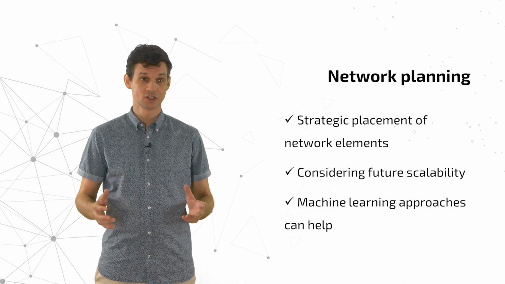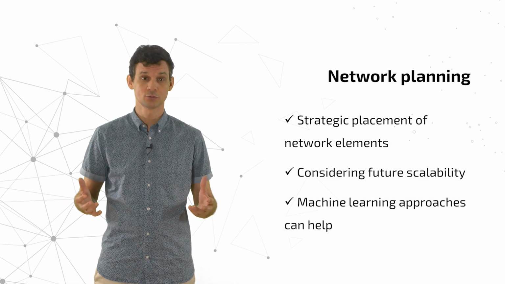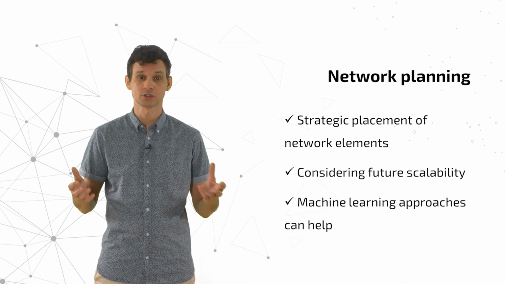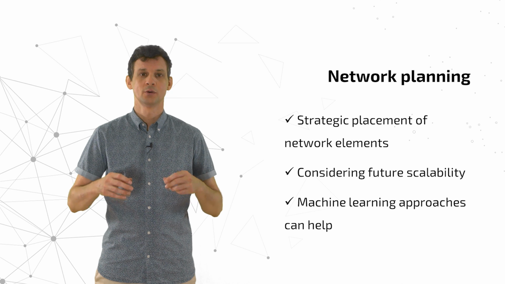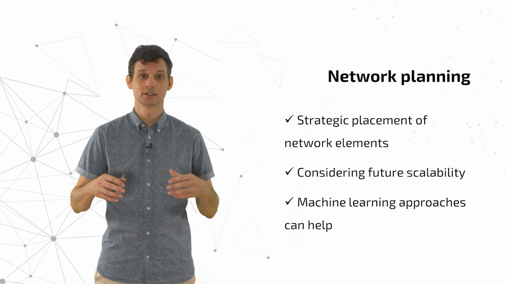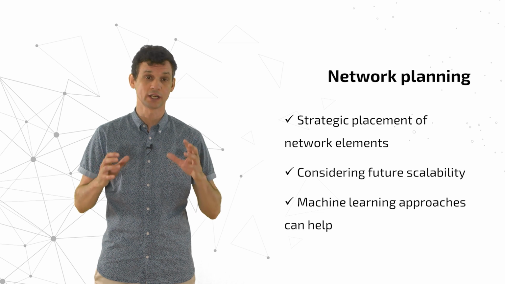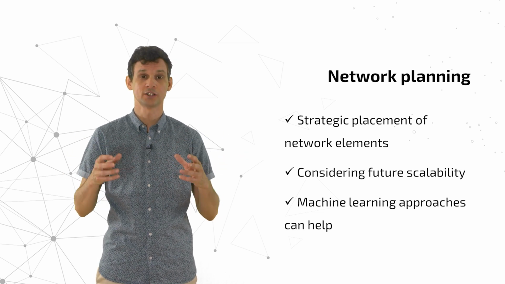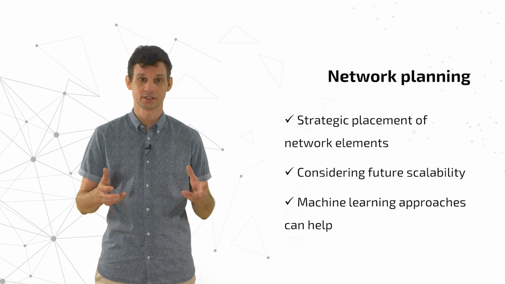Wireless network optimization is a key aspect of network management that involves the refinement of network performance to provide the best possible user experience. When setting up a network, the key thing is careful network planning. This involves the strategic placement of network elements like routers, base stations, and access points to provide optimal coverage and capacity.